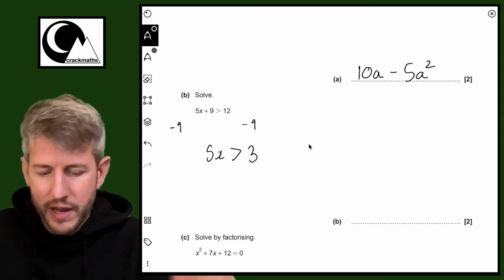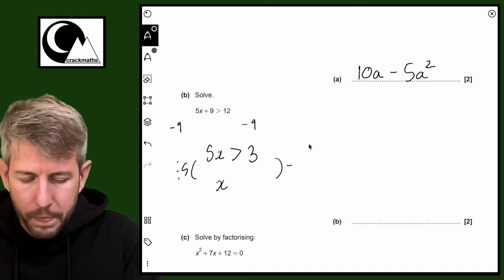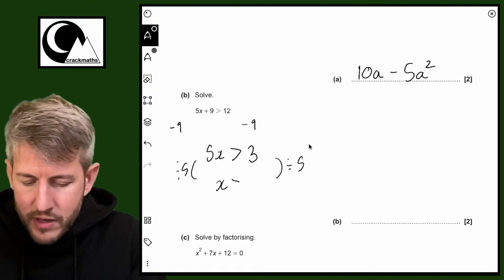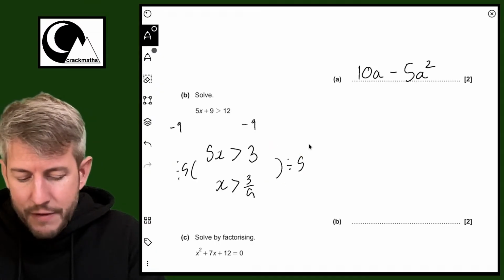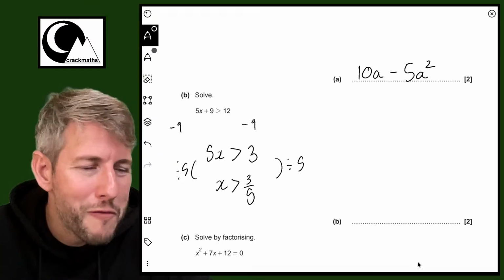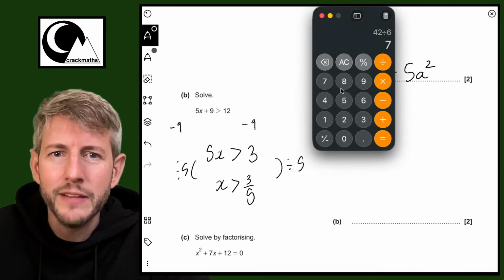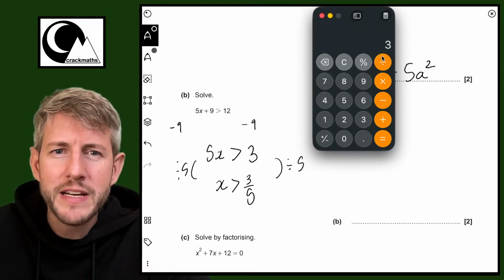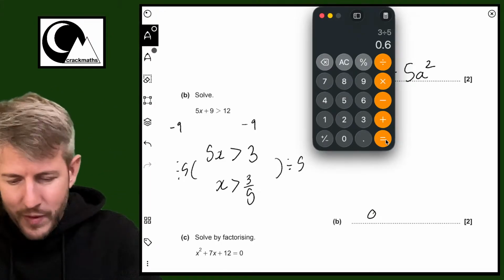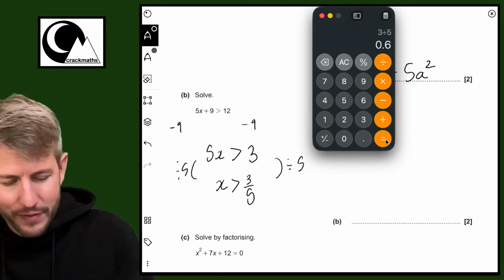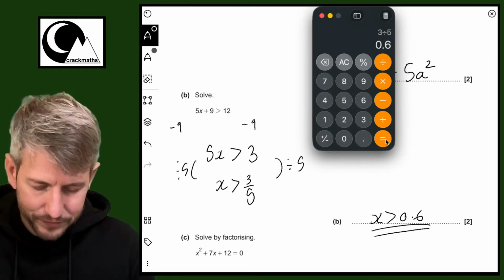So we then need to find out what x is. We divide both sides by 5 in order to be left with 1x. So x is 3 divided by 5, which we can write as 3/5. Or, now that I know I've got my trusty calculator, I can simply do 3 divided by 5 on here, and get 0.6. So here we go, let's write that final inequality down there: x is greater than 0.6.